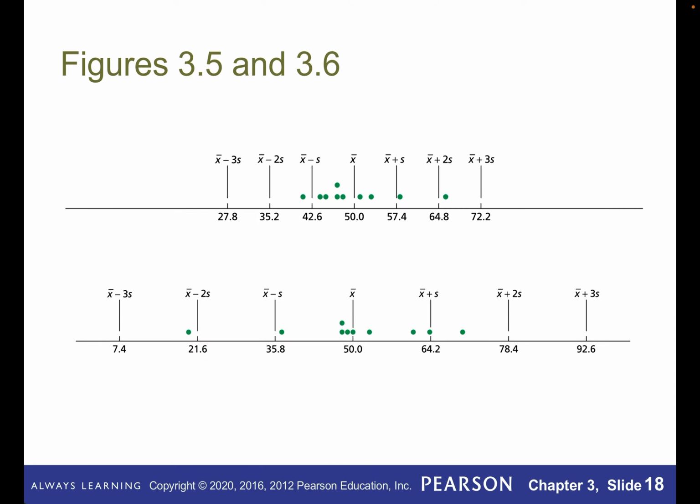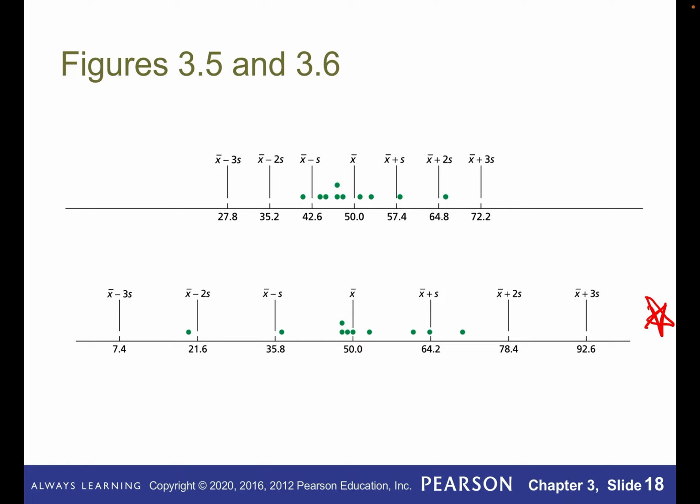Hopefully that gave us a good understanding of how to calculate the sample standard deviation and why it gives us a good quantitative measure of how spread out the data is. So now looking at figures 3.5 and 3.6, visually we can tell that it's the second data set that's more spread out. So if we look at the sample standard deviation, it should be bigger.